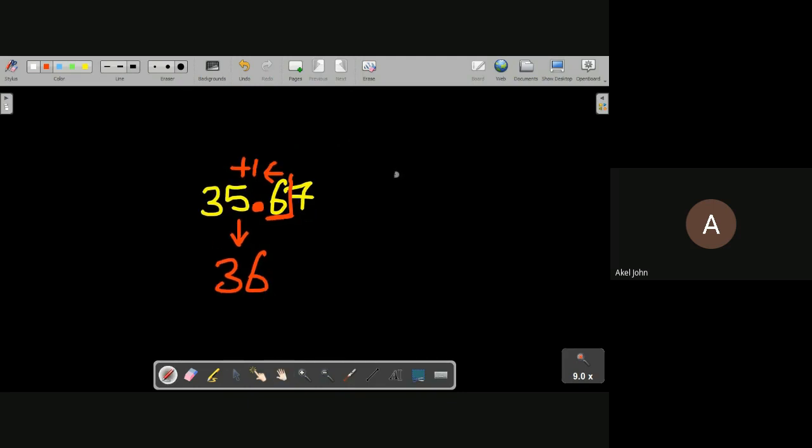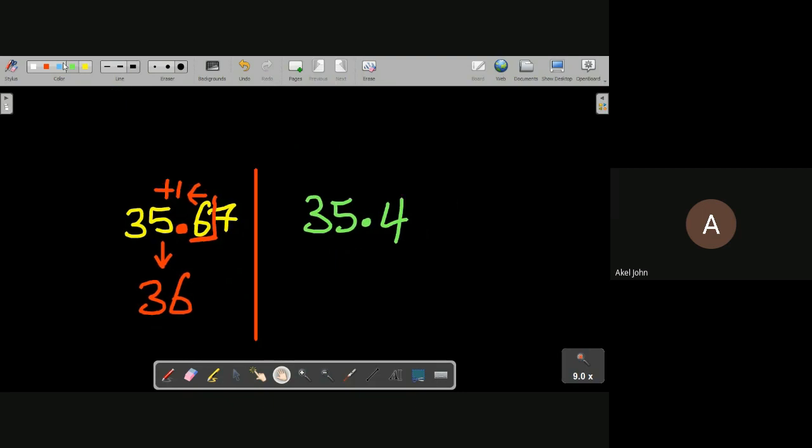Now, using the same example, for instance, let's say we had 35.4, right? And we need to round this to the nearest whole number. First, we locate our decimal point and the number to the immediate right of the decimal point, or you could say the first decimal place. That is acceptable as well.